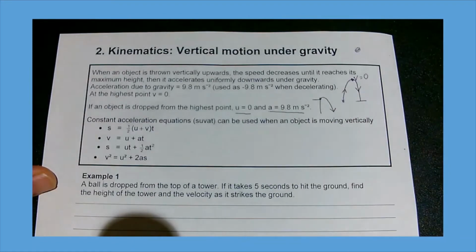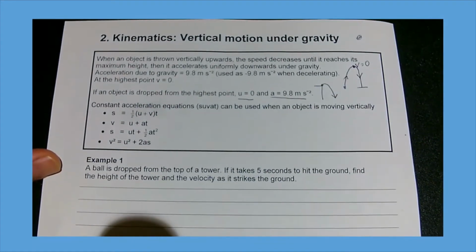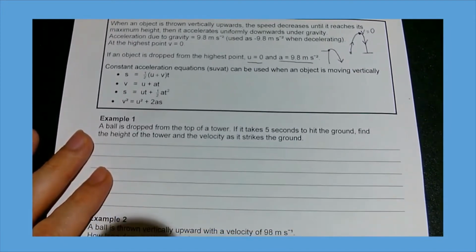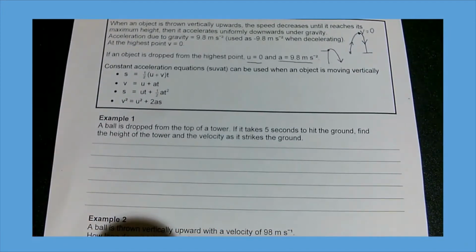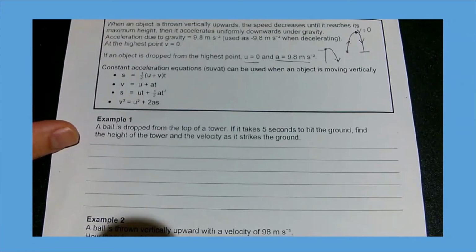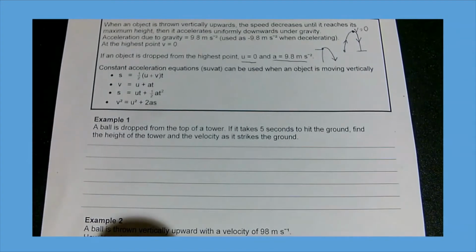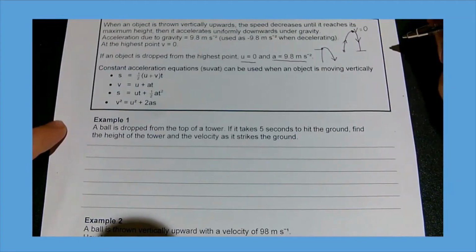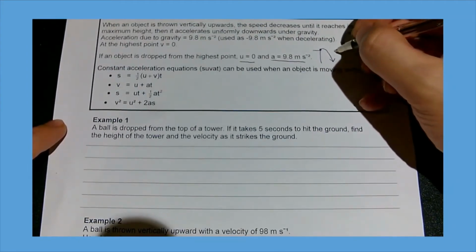Now we're going to use the same Suvat equations from the previous video, and we've just got to ensure that in these questions we're taking the correct values of acceleration, and we're making sure that we are consistent with our direction. So in the case of an object being thrown upwards, you have to be consistent with what you take as positive.